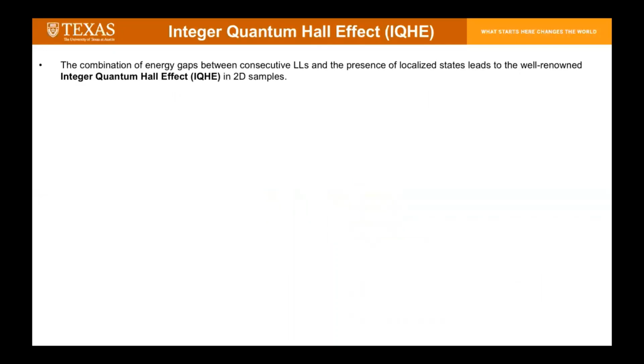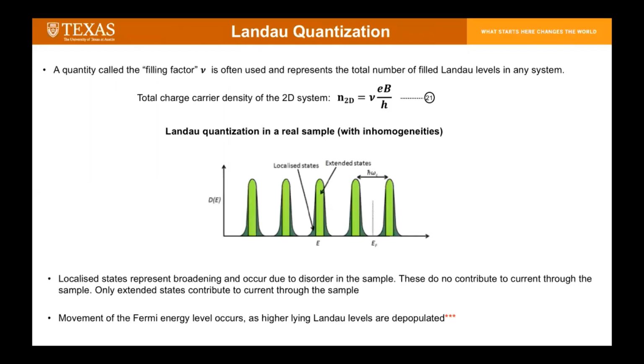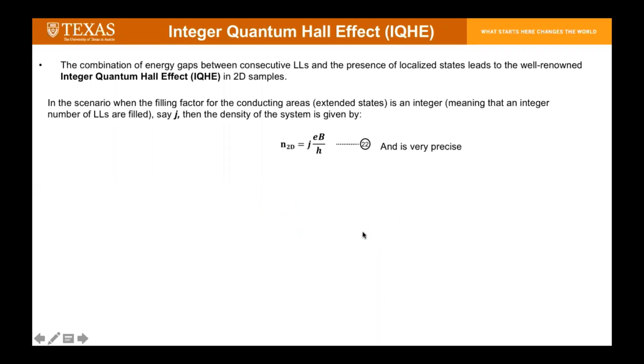Now we come to the most important part, which is the integer quantum Hall effect. This Landau quantization, the presence of energy gaps between consecutive Landau levels, and the presence of these localized states due to disorder leads to a very well-renowned effect called the integer quantum Hall effect.